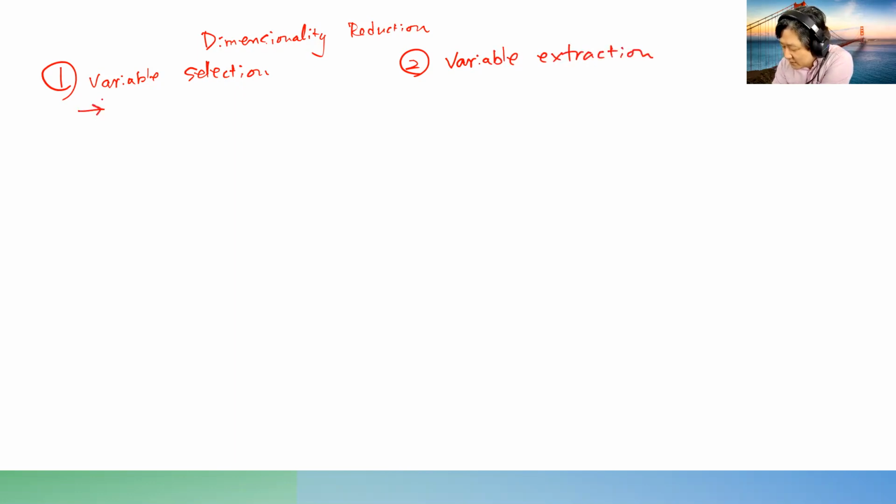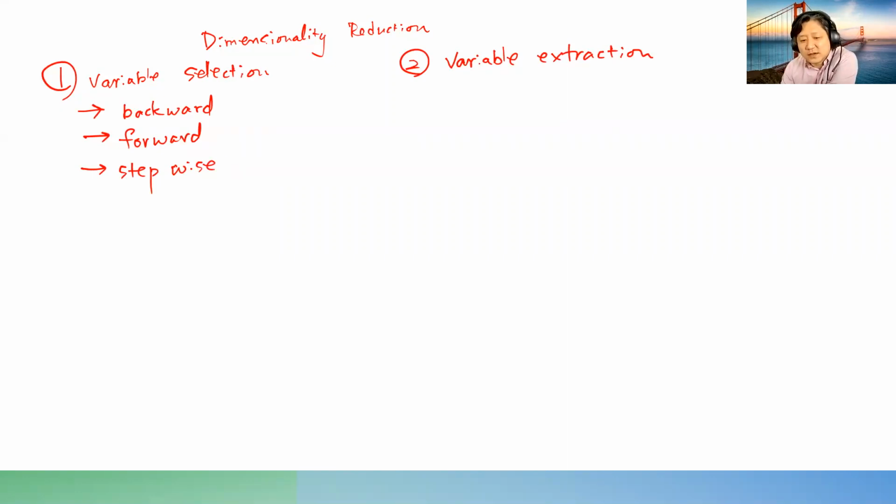For variable selection, we can simply apply backward regression analysis or forward regression analysis or stepwise regression analysis. In that way, we can try to select or remove important or unimportant variables, right?